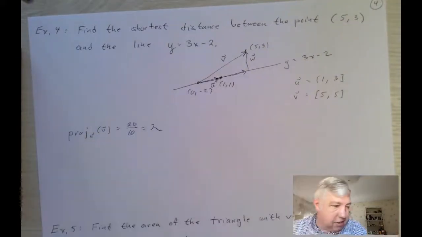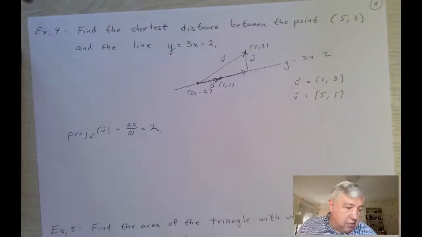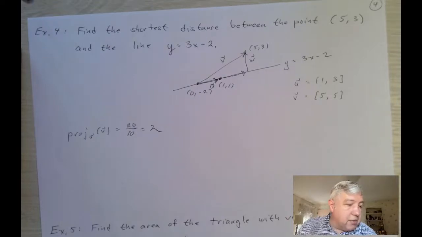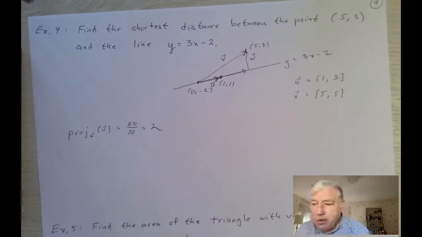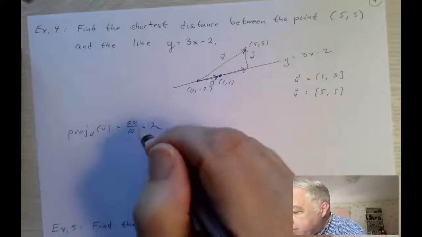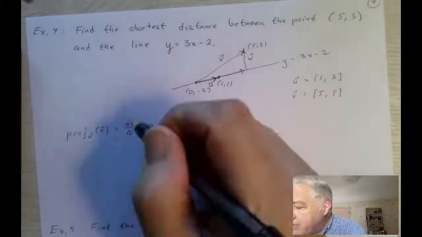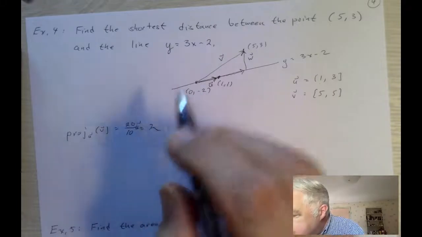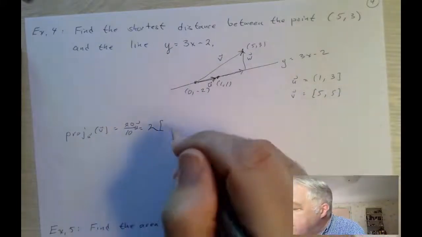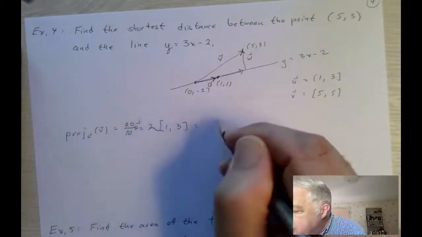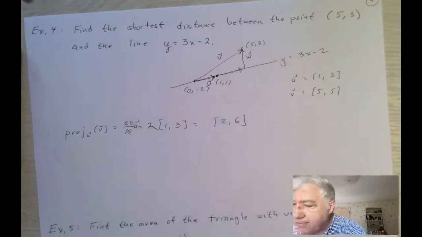Okay, so this is going to be 2, right? And actually, I should say this is a scalar, which we need to multiply by U, so this is going to be 2 times 1, 3. So the projection will be 2, 6. Okay.